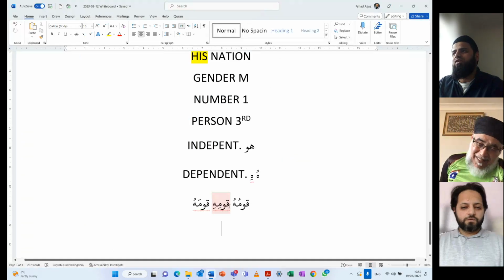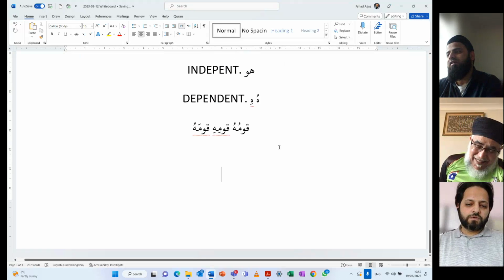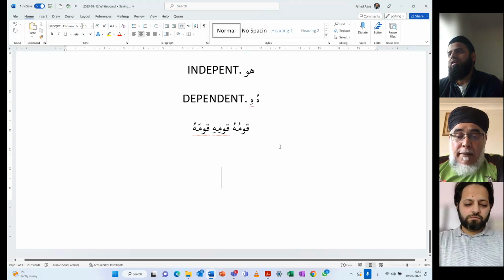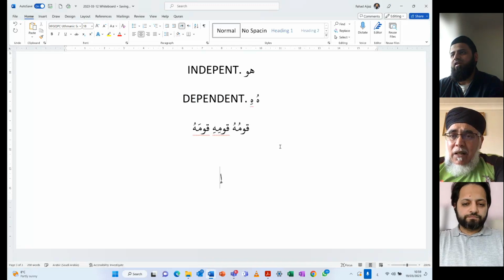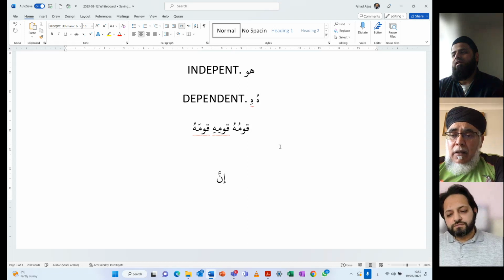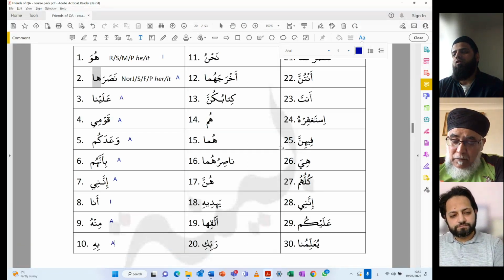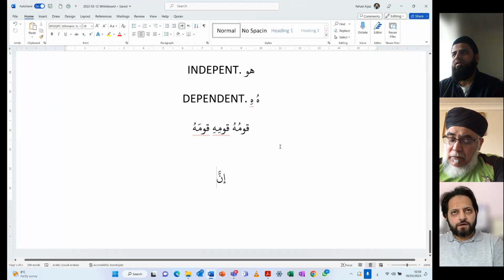But if we have a ya, then we will have the kasra there. Now in this innani, it already has this ya sound in it, right? That's why I will choose this nasab property.